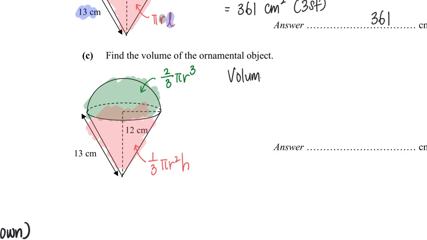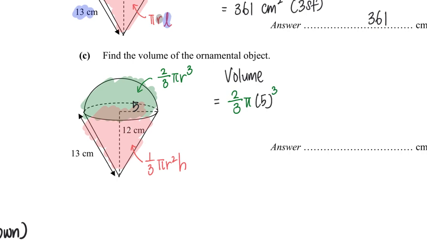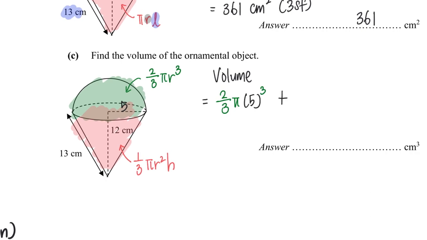So simply, the volume will be equals to 2 over 3 pi, r is 5, cube, plus 1 over 3 pi r square, r is 5 and my height is 12.